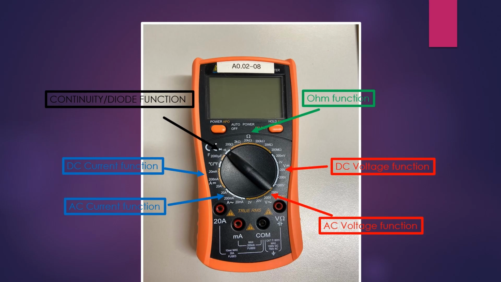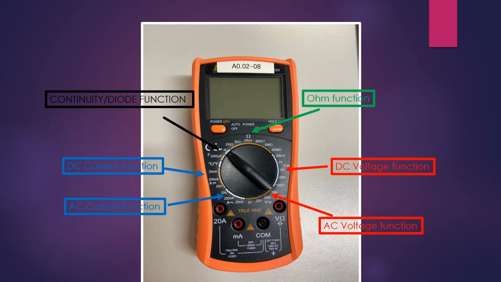Use the milliamps and common terminals whenever you need to measure a current that is less than or equal to 200 milliamps. If you have a current that's more than 200 milliamps or the current is unknown, you would use the 20 amps terminal together with the common terminal.